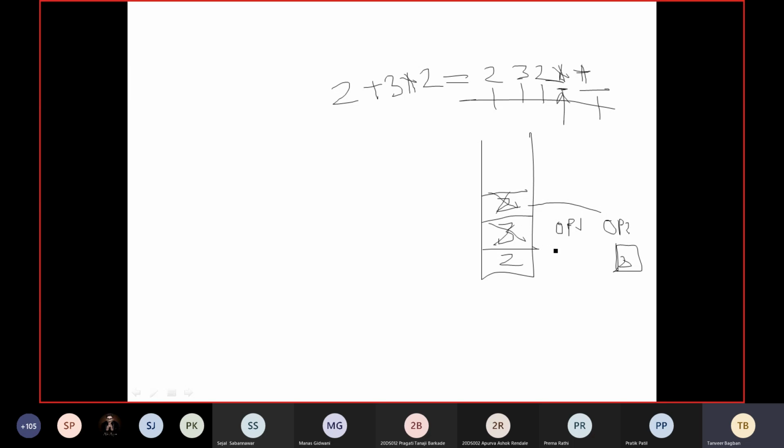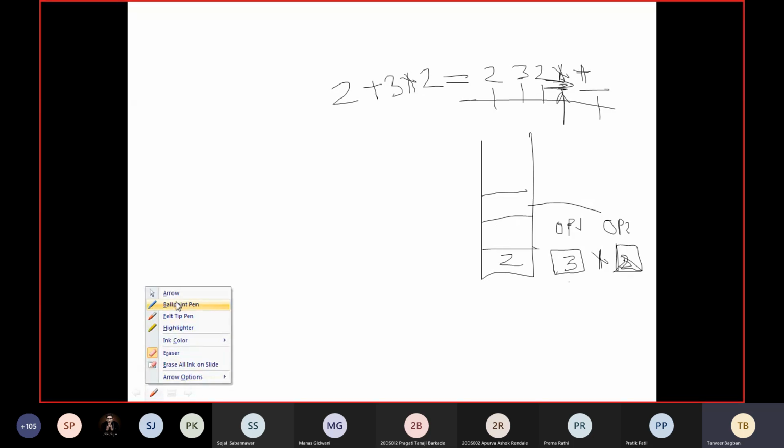So 3 is popped and taken in OP1. Now what operation is to be performed here? Multiplication. So OP1 multiplied by OP2, 3 times 2 is 6. So 6 is inserted into the stack.